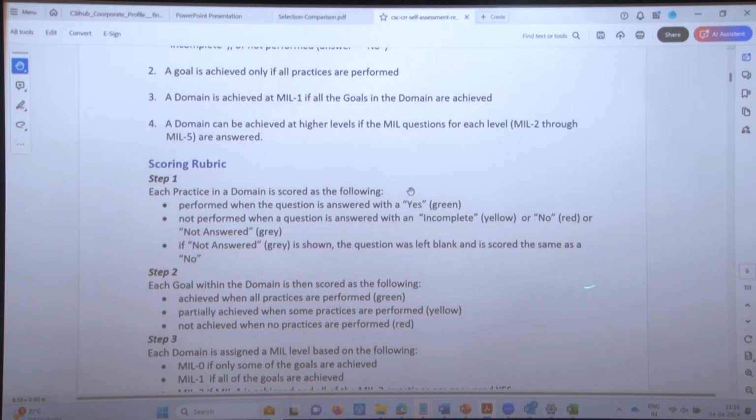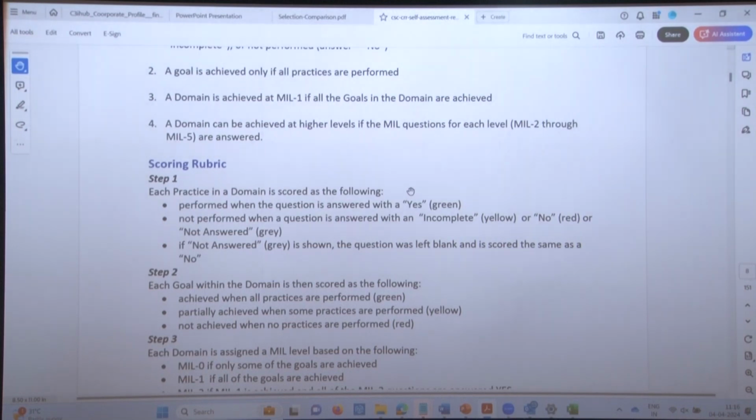So even if you miss one practice out of, let us say, 15 practices for that domain, then you cannot get green. Partially, when some practices are performed, it is yellow, so even if you miss one, you will get yellow, and if no practices are performed, then it is red, right? Red means really bad, no practice is being performed.